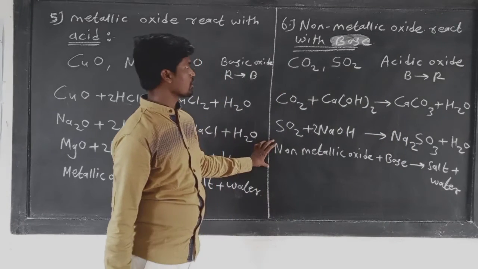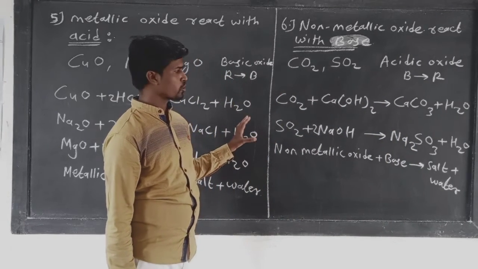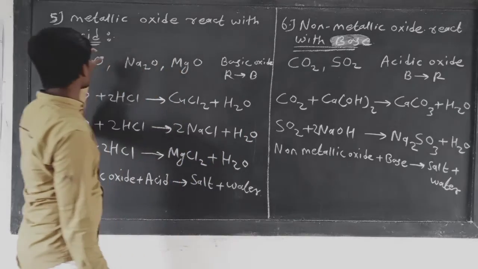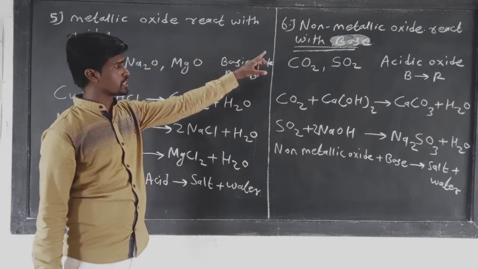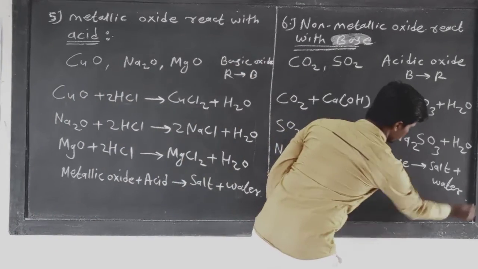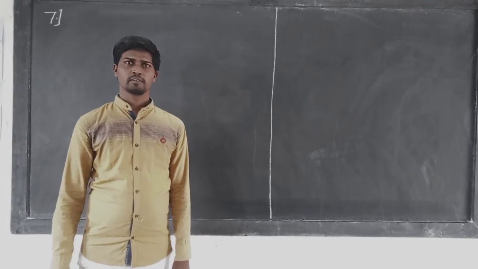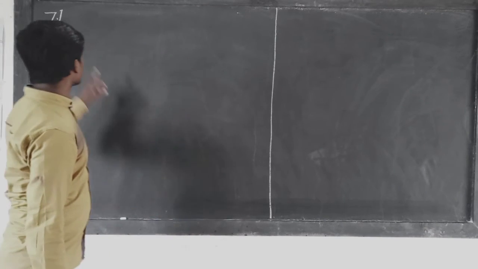This is the general form of this reaction. Okay, so I hope you understand. That is the point, metallic oxide reacts with acid and non-metallic oxide reacts with base. Okay, then point number 7.